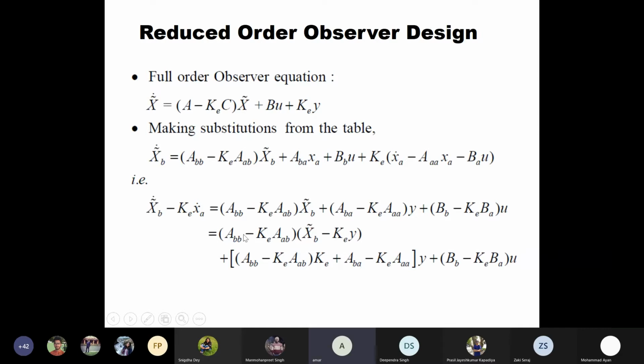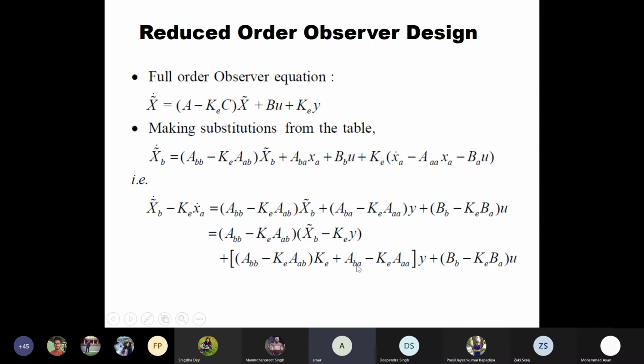This I can further write as A_bb minus K_e A_ab, x_b hat minus K_e y. See, now y is equal to x_a. Since I have used here x_b hat dot minus K_e x_a dot, which is basically K_e y dot, I put here basically x_b hat minus K_e y, or K_e x_a, over here.